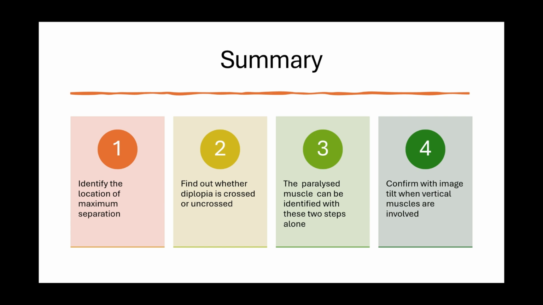The paralyzed muscle can be identified with these two steps alone. And if it is a vertical muscle that is involved, we can even confirm whether our diagnosis is right by finding the image tilt. So go in an orderly way in interpreting the diplopia chart and you can never be wrong. Thank you.